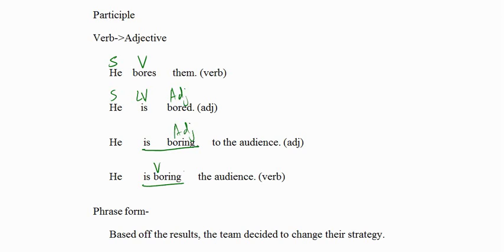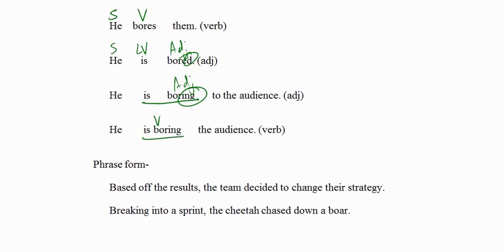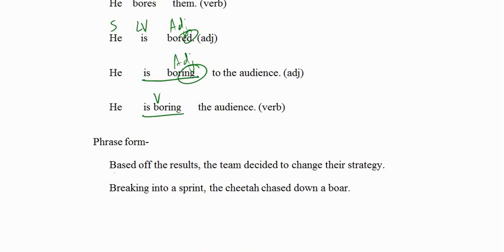And on top of this confusion, sometimes students will get confused with the ed and ing forms when it comes to different words. So they might be trying to say that a person is boring, but they might say that the person is bored. And on top of this, the participle also forms phrases. So you can have something such as this and this, a past participle phrase and a present participle forming that phrase.